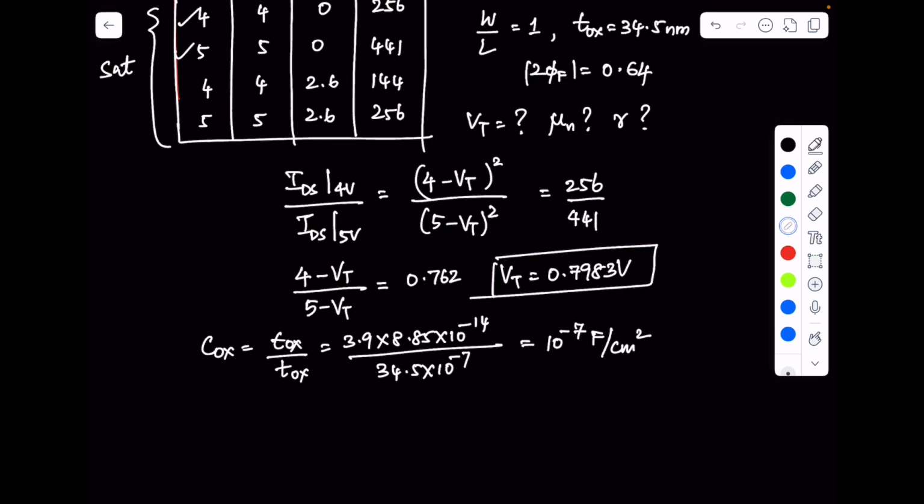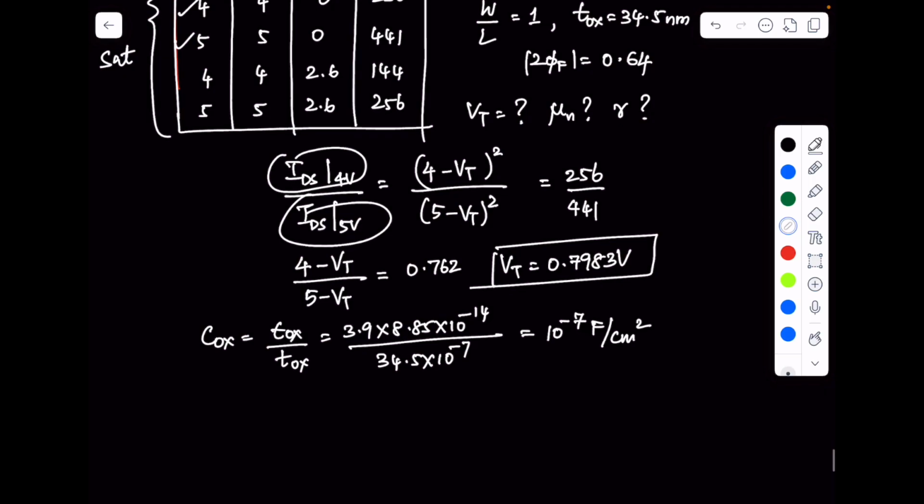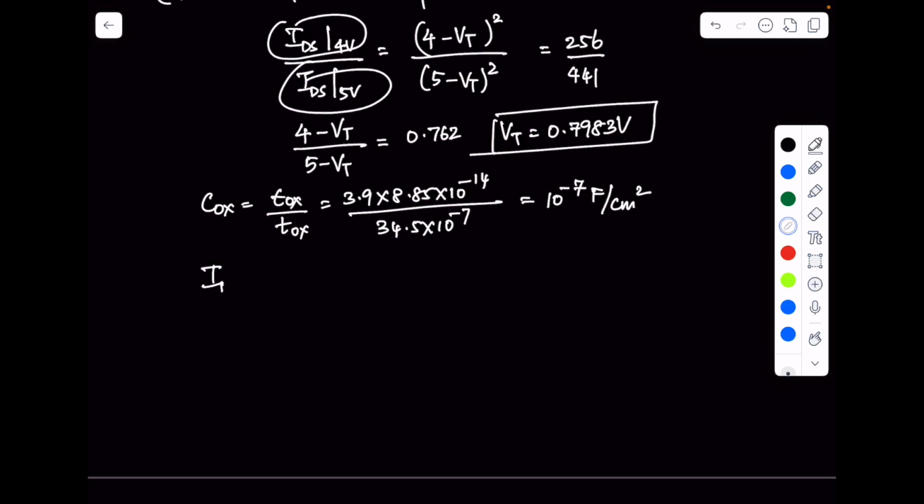Now to find mu, I can either use the 4 volt current or the 5 volt current. So if I use the 4 volt current, I have IDS at 4 volts is half mu n Cox W by L, VGS minus Vt the whole squared. In this I know all terms except for mu n.